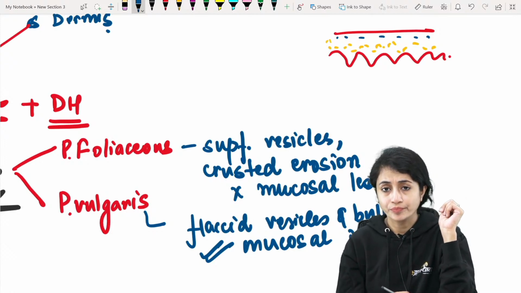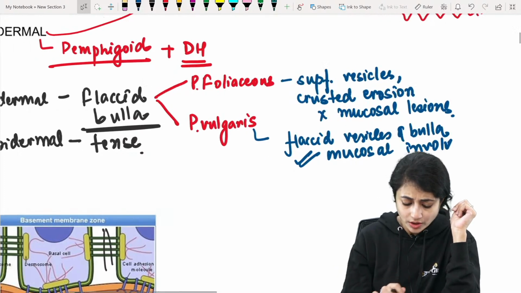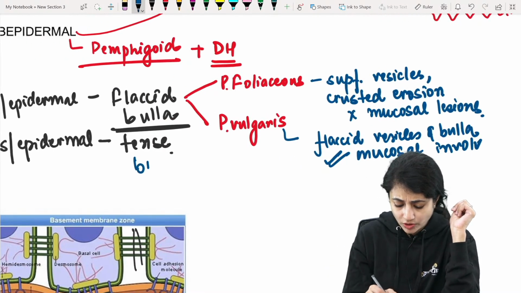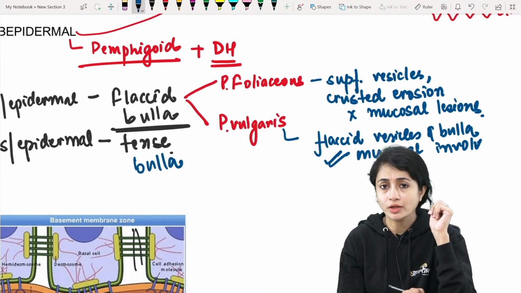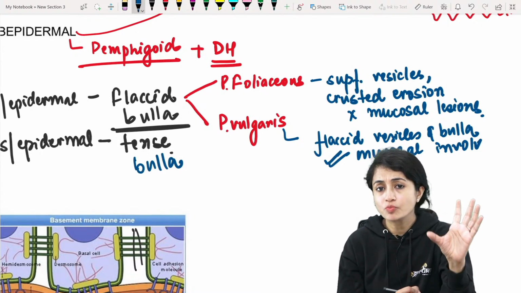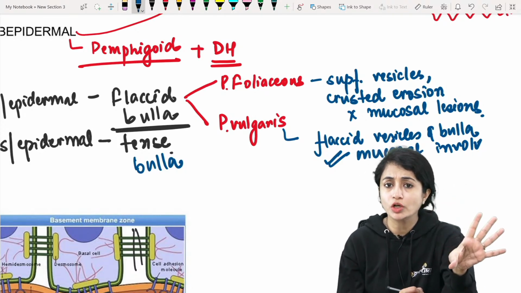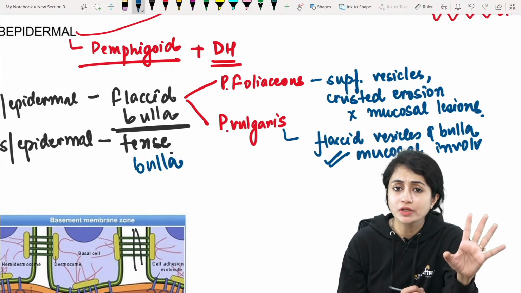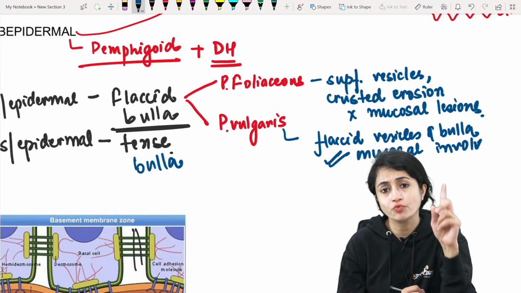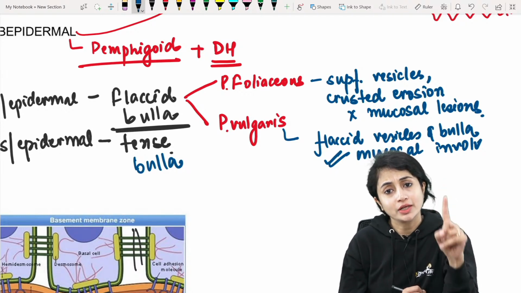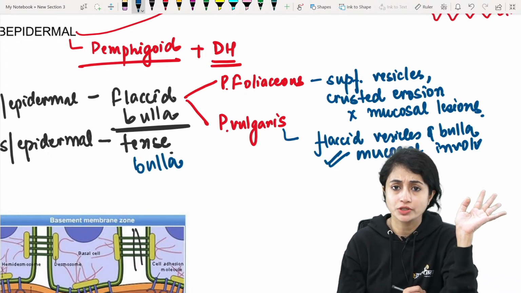And my subepidermal disorder presents with, as I told you, tense bulla. So if I have tense bulla, I know I'm dealing with pemphigoid group of disorder. If I have flaccid bulla, I know I'm dealing with pemphigus group of disorder. With flaccid bulla, if I have mucosal involvement, I label it as vulgaris. If there is no mucosal involvement, I label it as foliaceous.